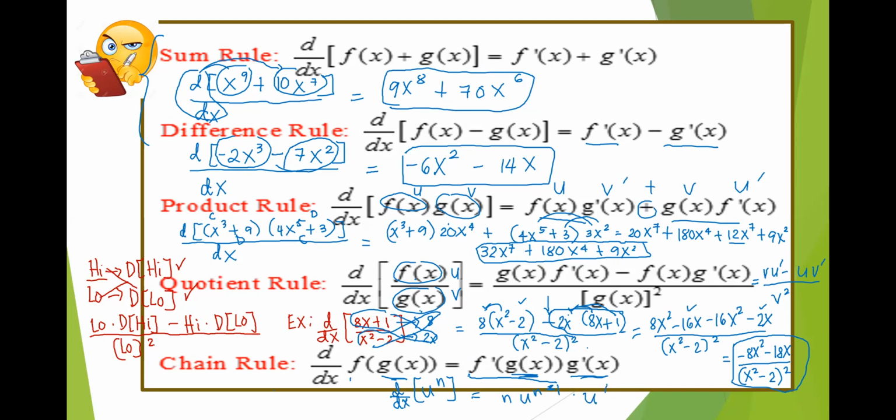So, it's like this portion, si f prime of g of x, ito yun. You're getting the derivative of this in general, no? Kaya lang, since yung nasa loob mo, this u is your g of x, you're getting the derivative of that u, which is u prime. Okay? Ayan. So, mamaya makaka-encounter pa tayo ng example for the chain rule.